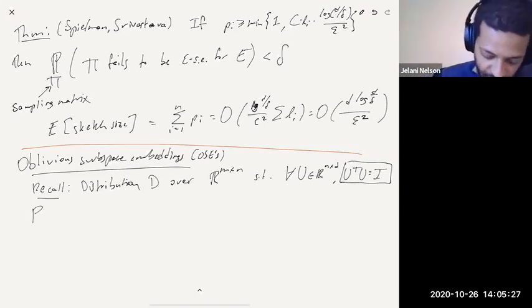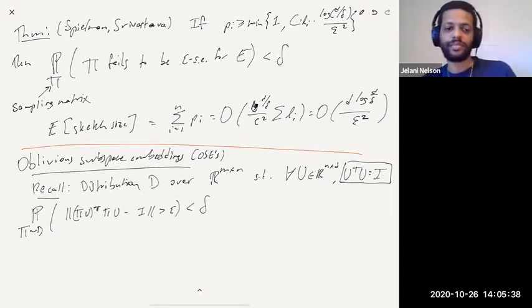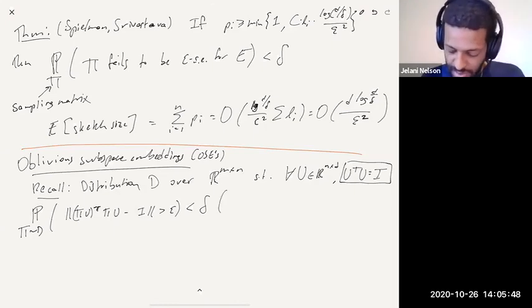So I want that the probability that, for pi drawn from D, norm of (pi U) transpose (pi U) minus identity is bigger than epsilon is less than delta. So this is the definition of oblivious subspace embedding. So the question is, how do we come up with such a D? This is the notion of epsilon delta D oblivious subspace embedding.